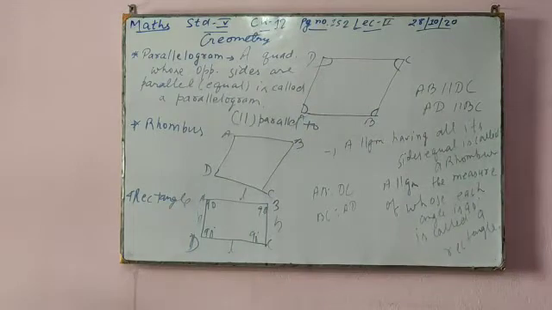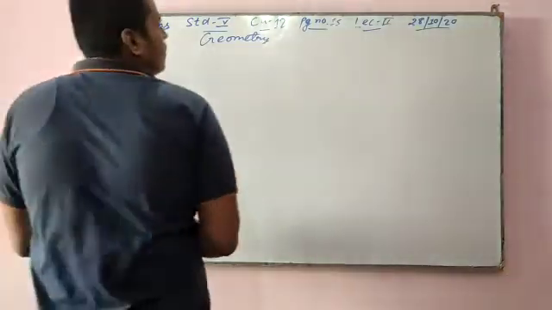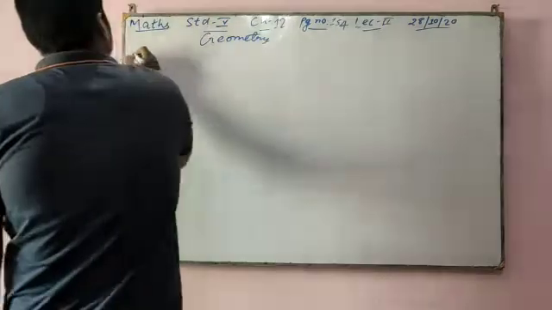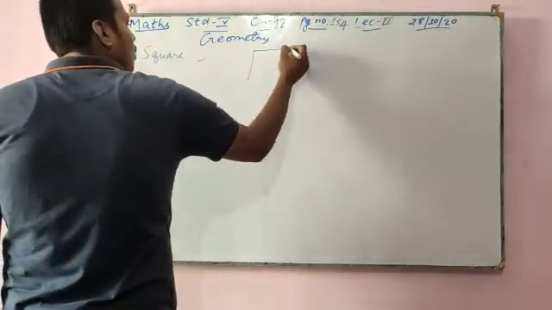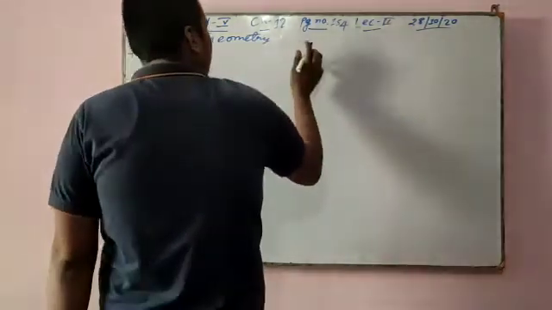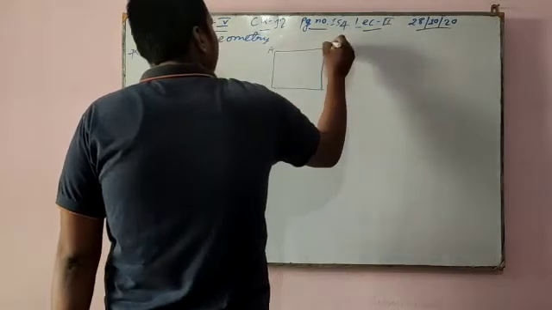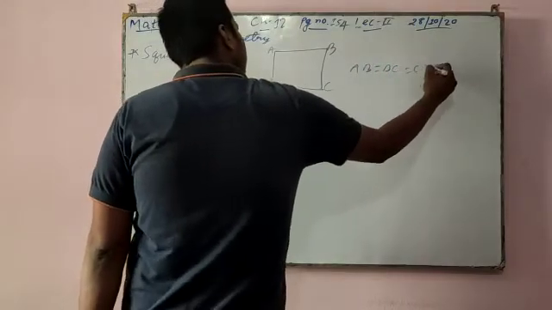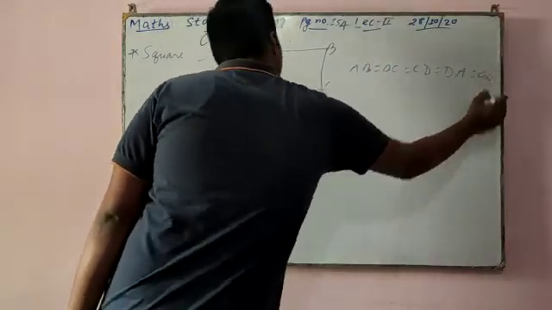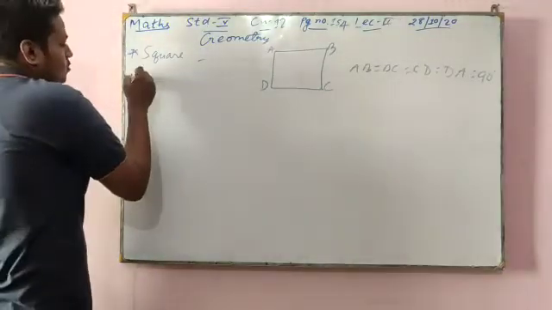Now I will go for a square. Next topic is square. A square has all sides equal, which means AB equals BC equals CD equals DA, and all angles are 90 degrees also. So a square is actually a rectangle.